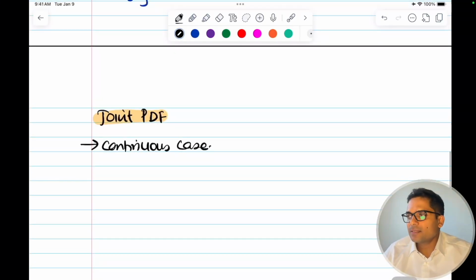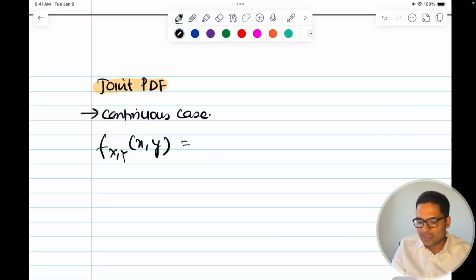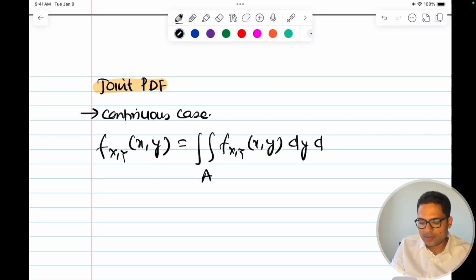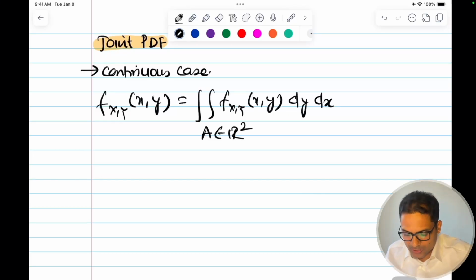And here, how do we denote this? We denote f of X Y, x comma y. This is my PDF. And generally this is equal to f of x comma y, dy dx, where x belongs to two dimensions.